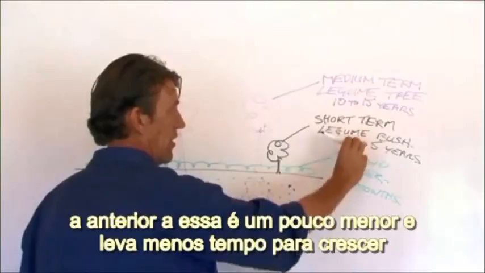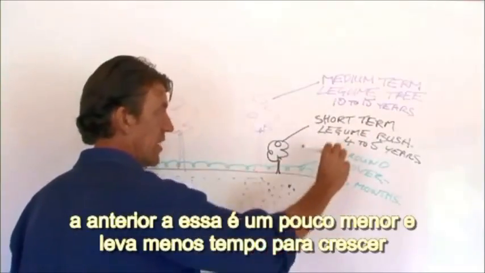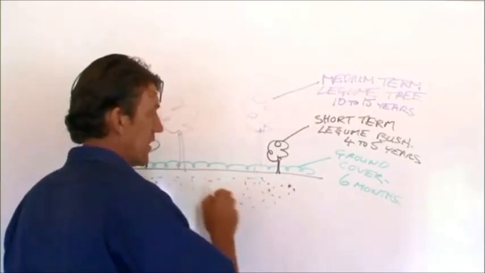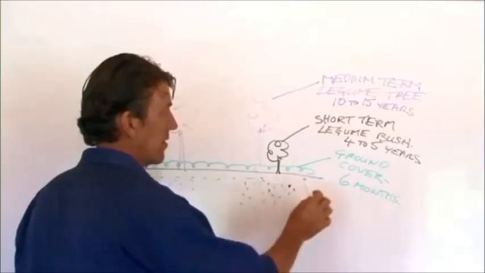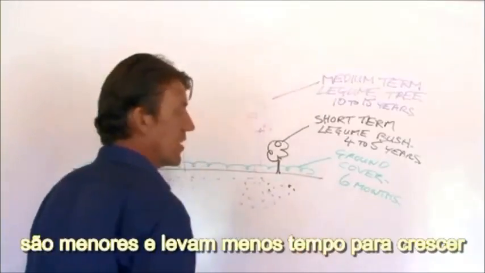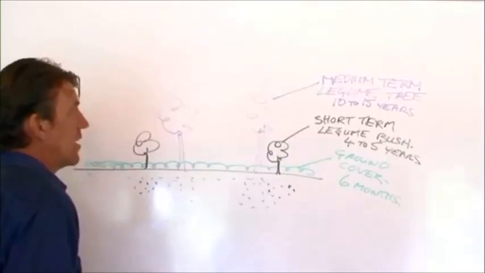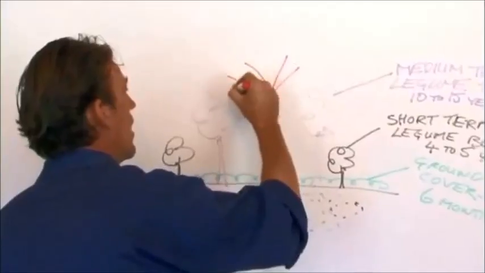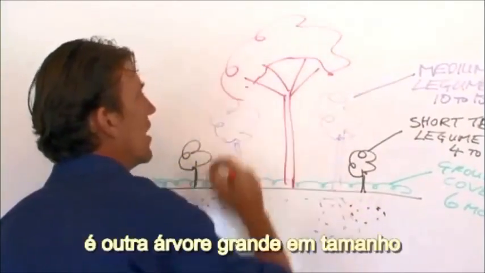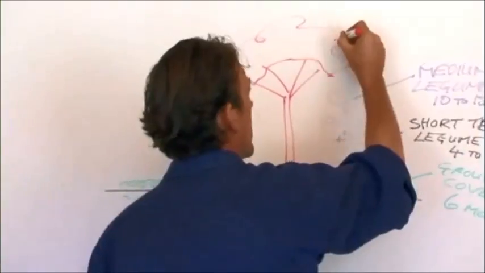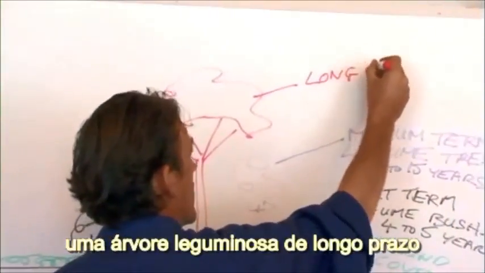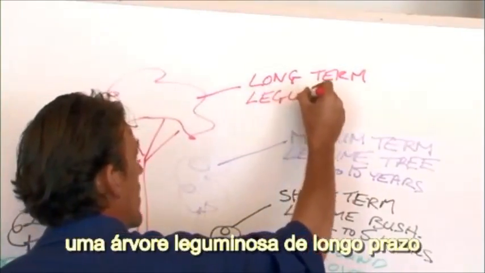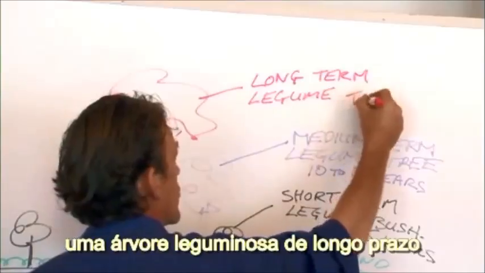It's a little bit larger in size and a little bit longer in years. The one just before it was a little bit smaller in size and a little bit shorter in years. And the ground cover, which we only seed, there's many more of those, and they're much smaller in size and much shorter in years. Now the next one is larger in size again, and this is the long-term legume tree.